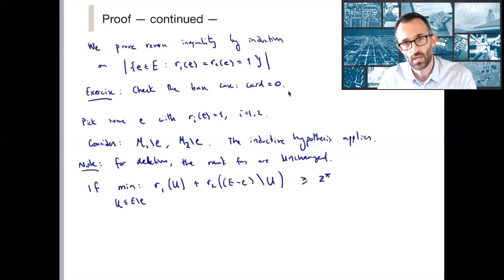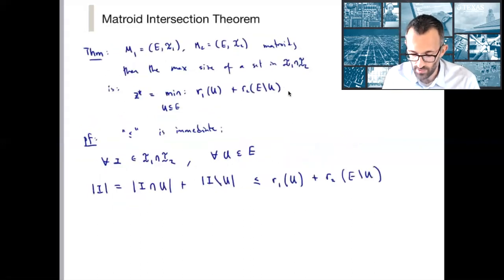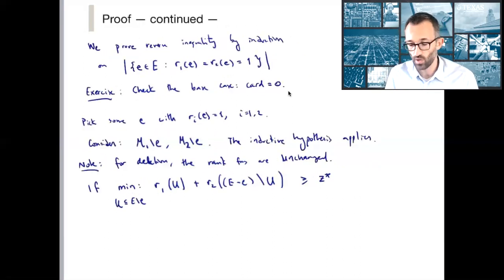Z star is not defined with respect to the deletion. Z star is always going to be this value here. It's a value we care about. In other words, it's the value that we need in order to show the reverse inequality. So suppose that this is true.